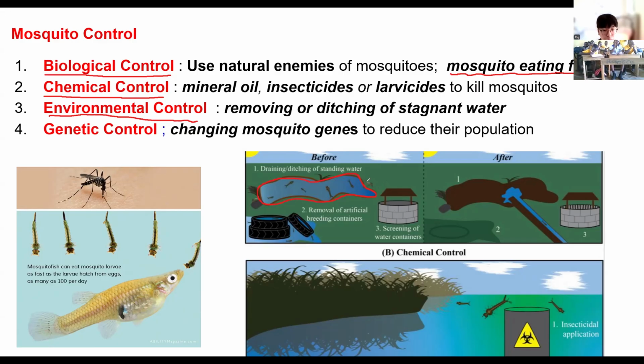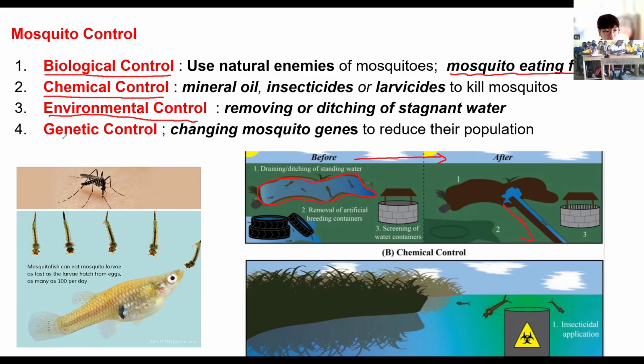Environmental control controls mosquitoes by removing that water. Before there was water, but after they removed the water, no mosquitoes can be born in that area.